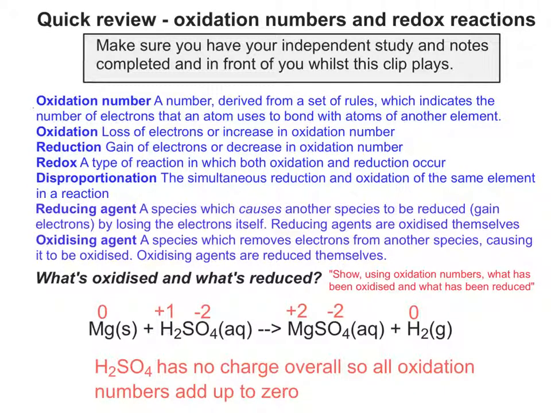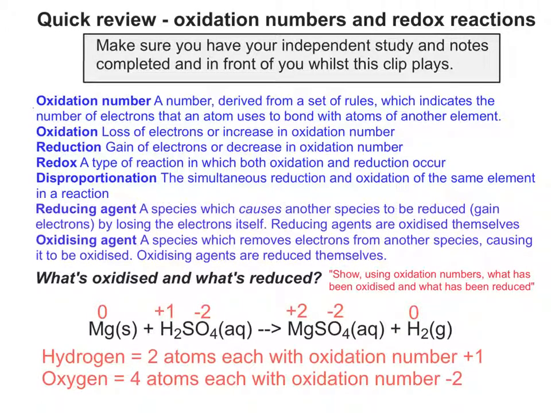Now H2SO4 has no charge overall, so all the oxidation numbers have to add up to 0. So what you do is you multiply each oxidation number by the number of atoms that have that oxidation number. For hydrogen we've got 2 atoms each with oxidation number +1, so that gives us a total of +2. That doesn't mean the oxidation number has now become +2. It means the oxidation number is still +1, but it's applied to 2 atoms.